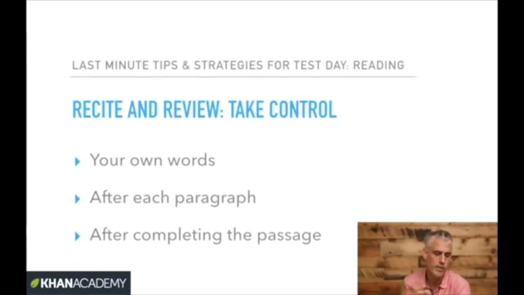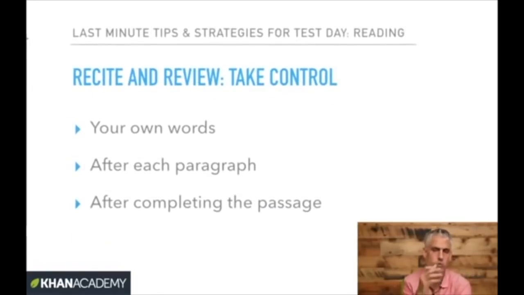Okay, so that was the reading. That was active reading. And then as you go, I also want you to consider, after every paragraph, saying, what was that about? What was the point? And you make a little note in the margin. You use your own words to describe what you're reading, and that gives you control over what you're reading.